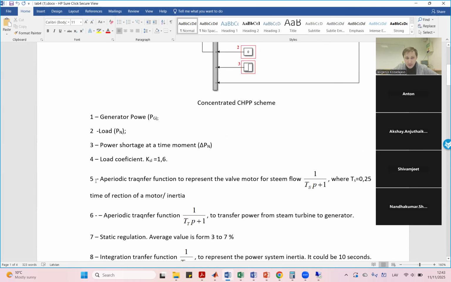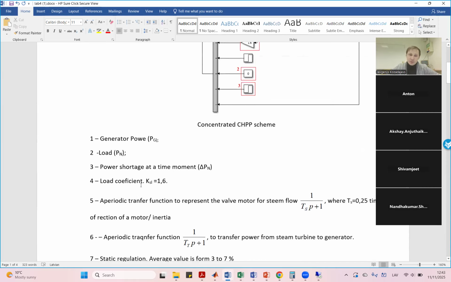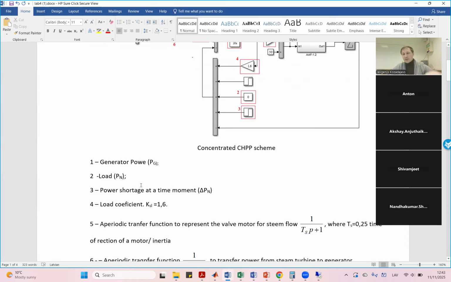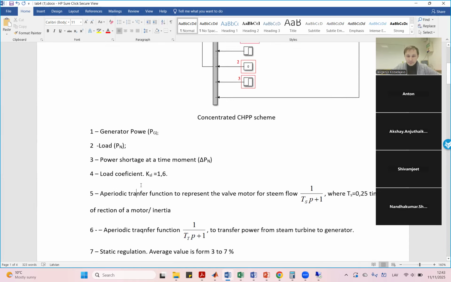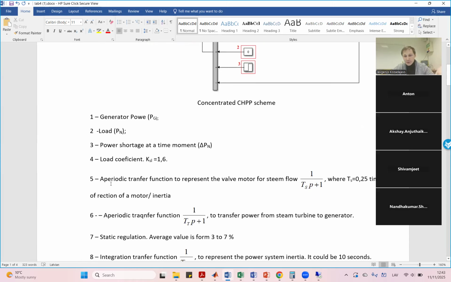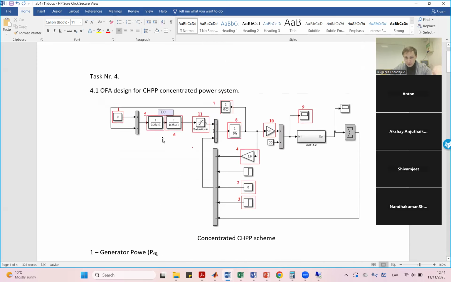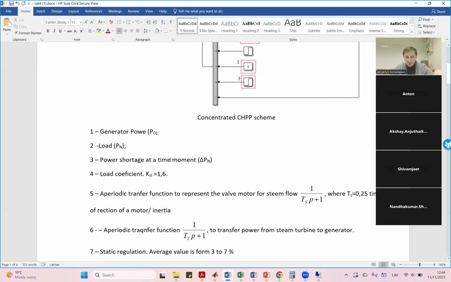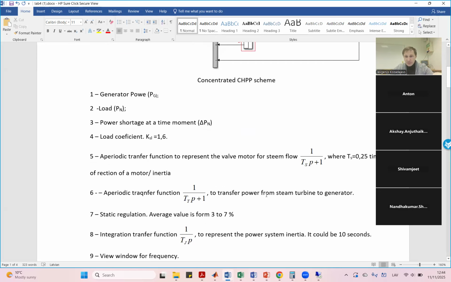Here you could see number 5, an aperiodic transfer function. Okay, there are some mistakes because it was written without any correction, just during the lab. So, an aperiodic transfer function to represent the valve, the valve motor for steam flow. So, this one. And the second one is number 5 to represent power transfer from the steam turbine to the generator.